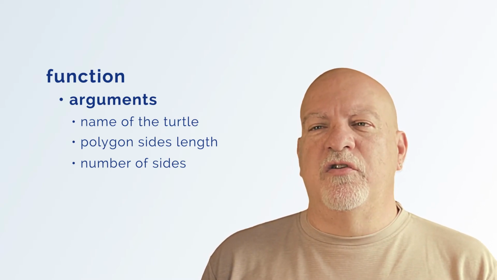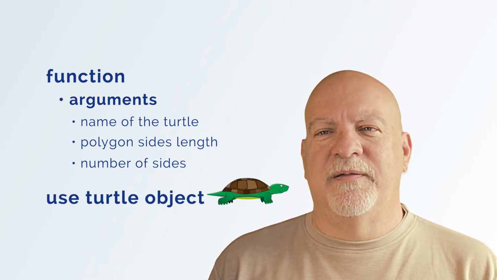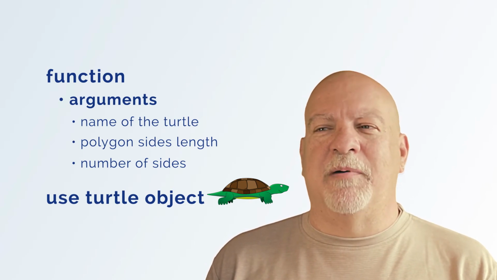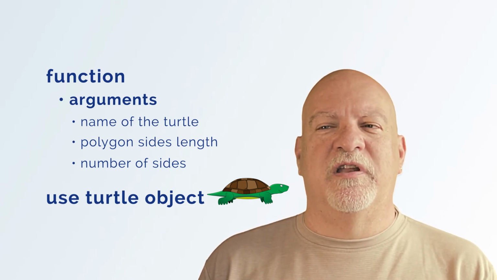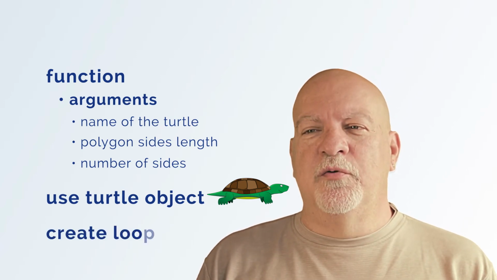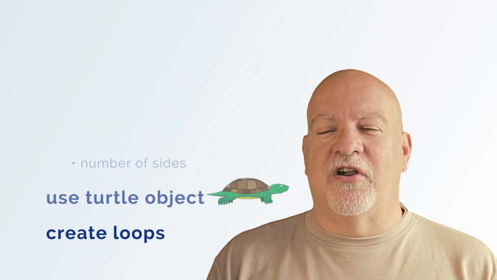Second, we are going to use the turtle object to draw the actual polygons. Now, there are many ways to draw and do graphics in Python, but the turtle object is one of the simpler and easier ones to learn. Third, there will be a couple of loops to control our turtle. Okay, so let's get started.